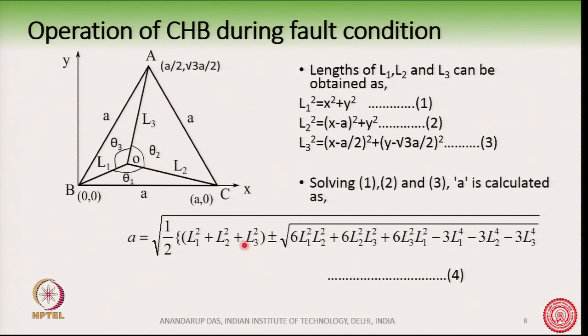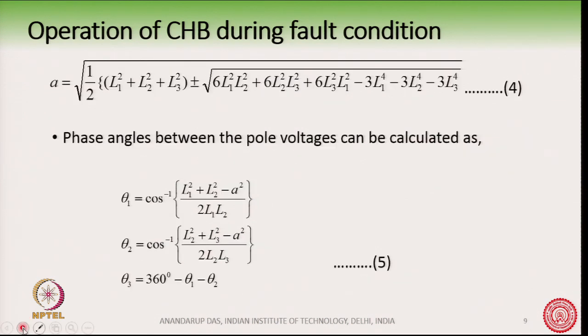So, it is no longer 120 degrees, it is given by theta 1, theta 2 and theta 3, and these angles are obtained by this expression here, and this will give us the phase angle required between the unbalanced pole voltages.